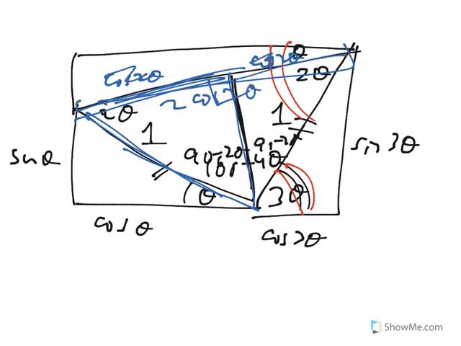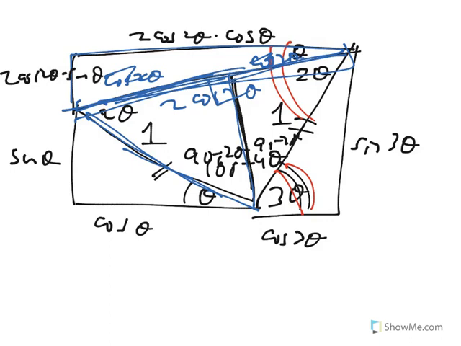That 2 cosine 2 theta is the hypotenuse of this skinny triangle, which makes the side adjacent to it 2 cosine 2 theta times cosine theta. And it makes the side opposite it 2 cosine 2 theta times sine theta.